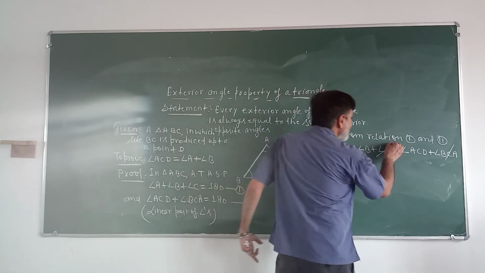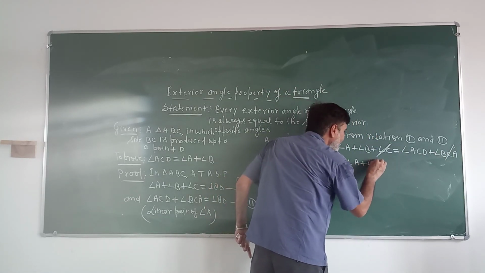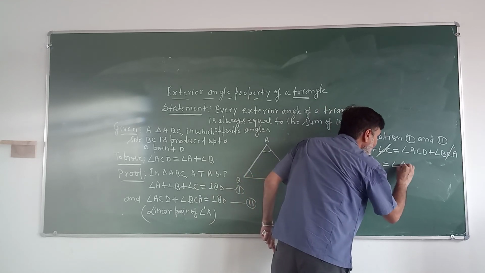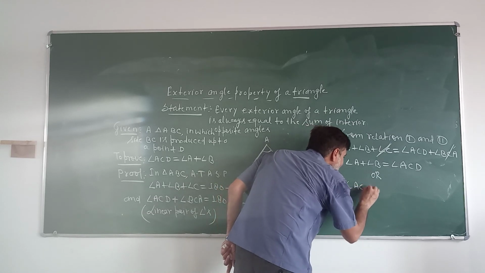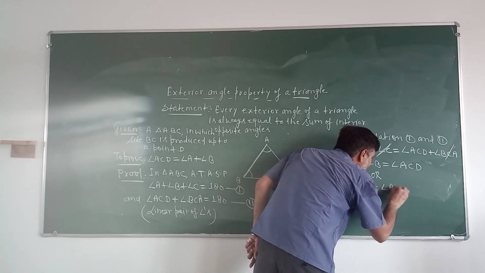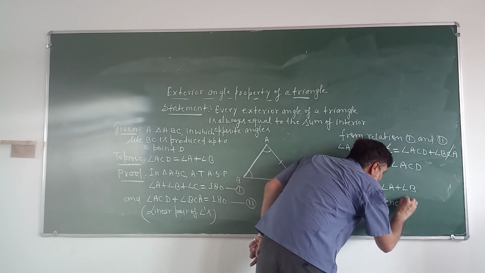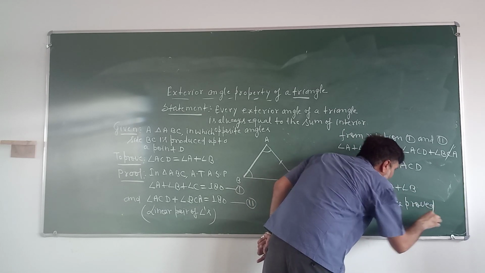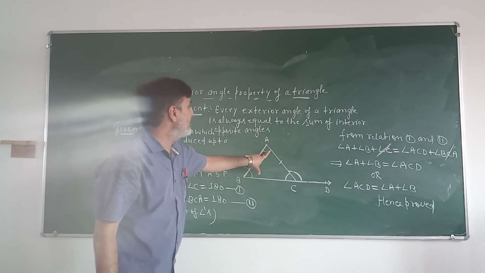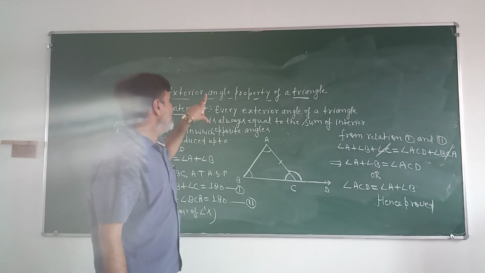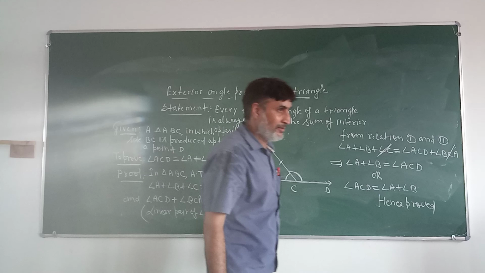So these two angles are cancelled out, and here we have angle A plus angle B equals to angle ACD, or you can say that angle ACD equals to angle A plus angle B, and hence proved that every exterior angle is always equals to sum of interior opposite angles. So students, this is your exterior angle property of a triangle.